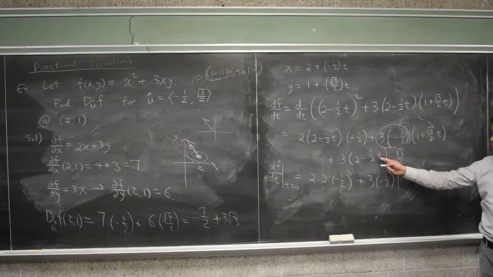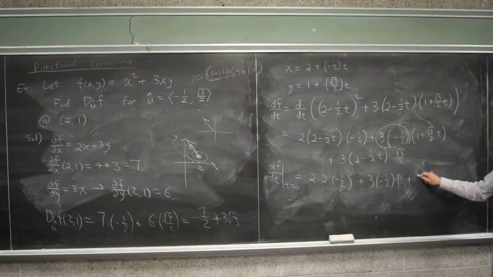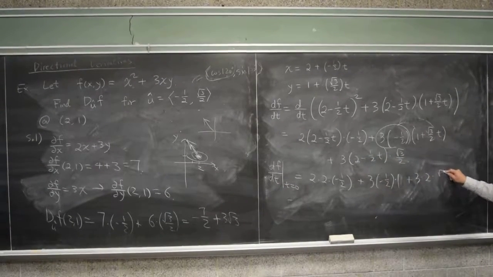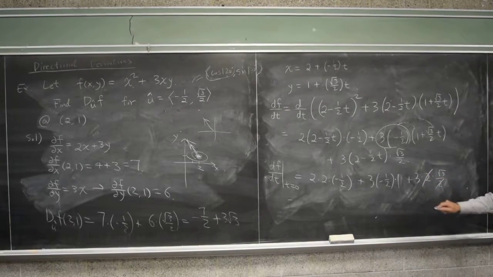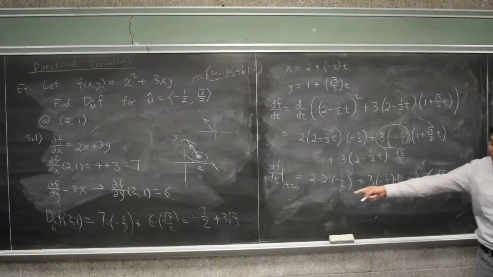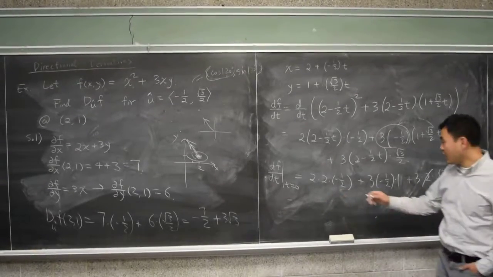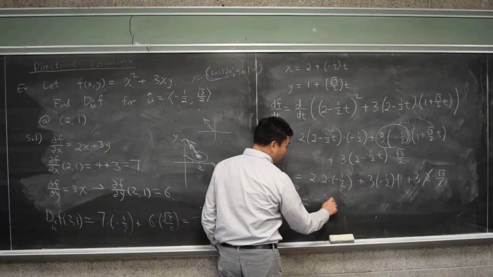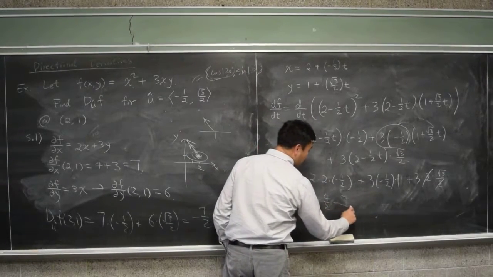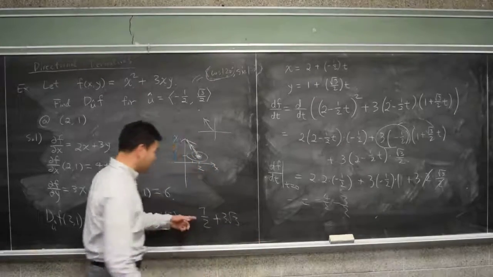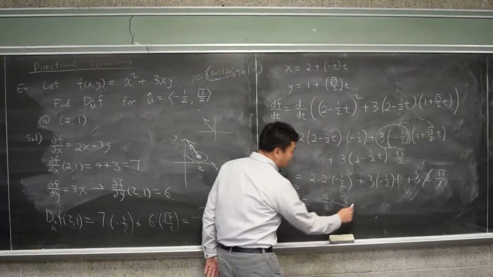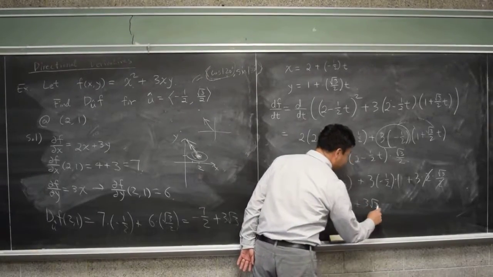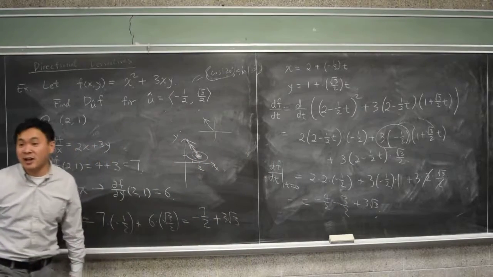And then if I plug in t equal to 0, I get plus 3 times 2 times radical 3 over 2. They cancel, I get plus 3 radical 3, just like what I have there, right? And then I have negative 4 over 2 minus 3 over 2. They add up to negative 7 over 2, right? So I get the same exact answer.